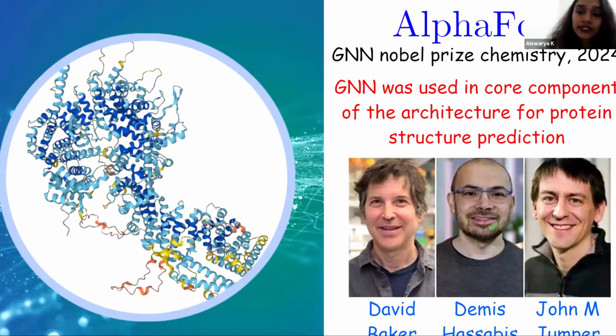So if we have two proteins with similar sequences, they can fold completely differently. And one small mistake in this folding can lead to diseases like Alzheimer's or Parkinson's or even cystic fibrosis. So predicting how a protein will fold just from the amino acid sequence is called protein folding. And this was considered to be the biggest unsolved problem in biology for almost 5 decades.